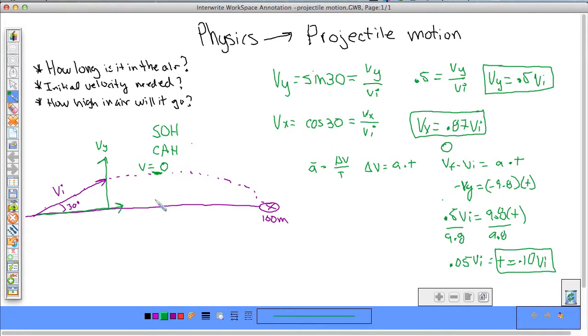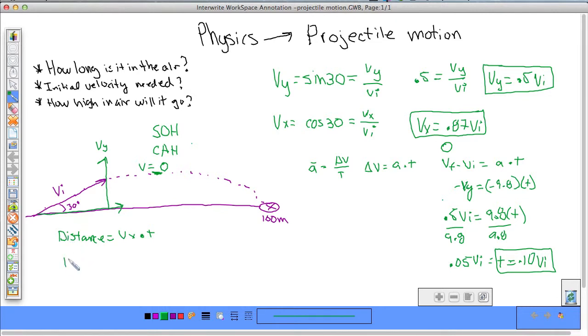Now let's work with my horizontal velocity for a second. So we know that my distance is 100 meters, right? I told you earlier that distance always equals my velocity in the x direction times my time, and that should make sense. If I'm going 5 meters per second for a second, I've gone 5 meters.